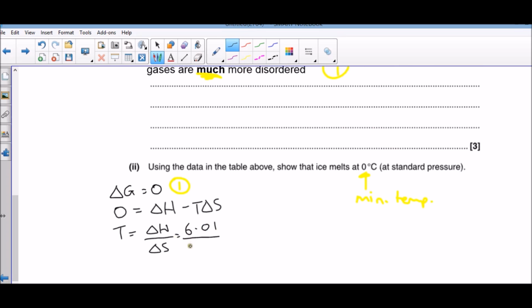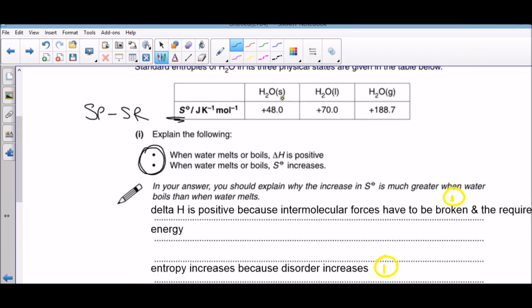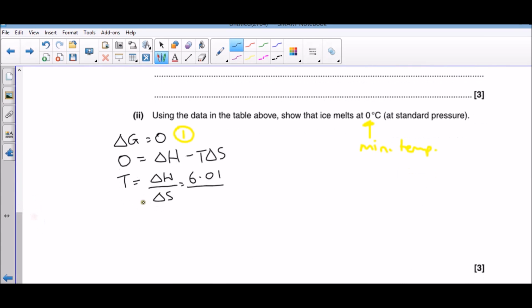But we're going to need to find delta S because we haven't got delta S, we've got S values in this table. So we're looking at water turning from being solid ice into liquid water. So if we're going to do S products minus S reactants, we're going to have 70 take away 48. So let's put that down here.